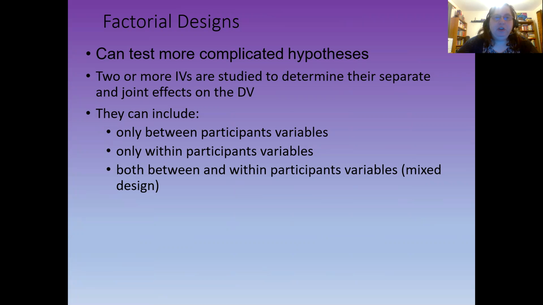And you can have both between and within participants variables, such as a mixed design. So this time we might consider having one variable, gender, which will be between, and then the other variable, the plant, where the different genders get a shot with each kind of plant.